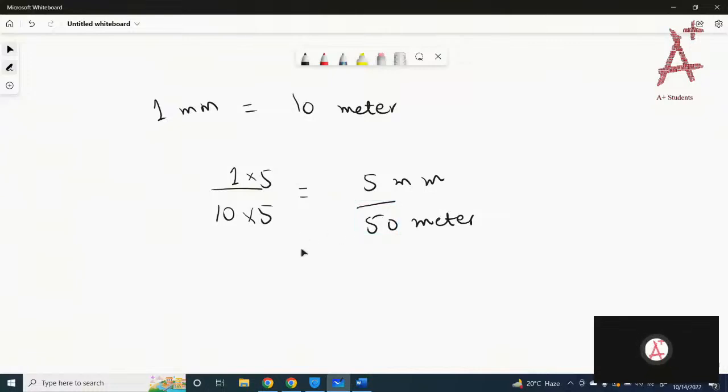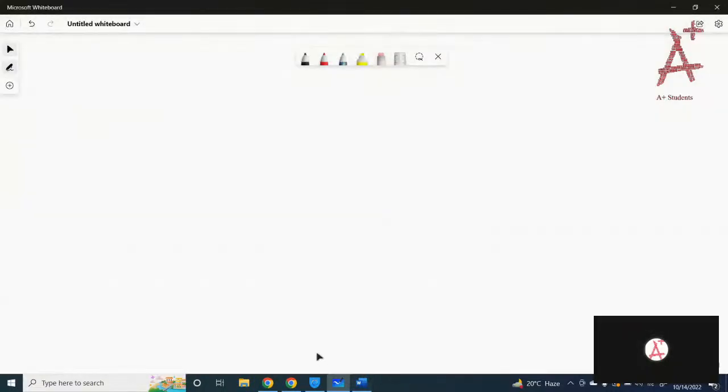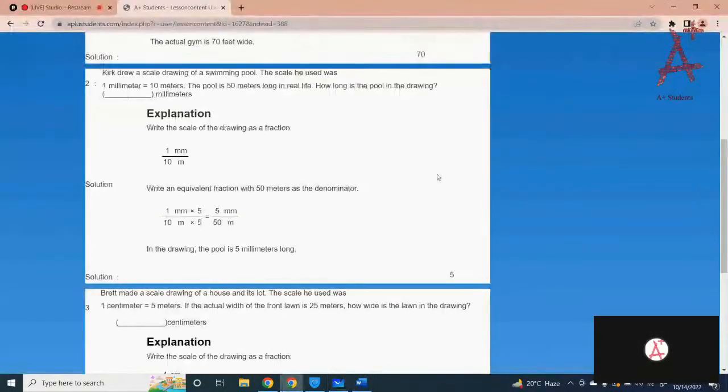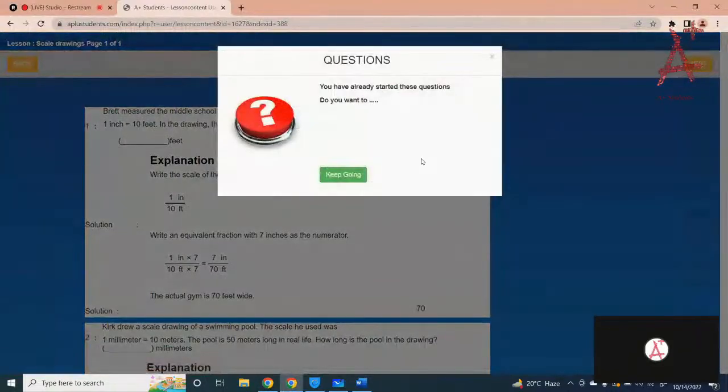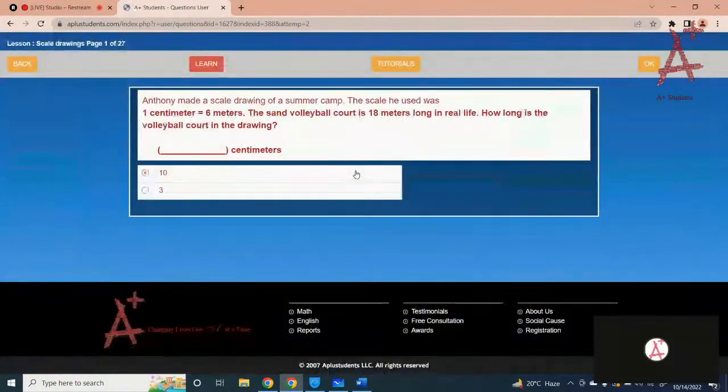Okay, let's start with the test questions. Anthony made a scale drawing of summer camp. The scale he used was 1 centimeter equals 6 meters.